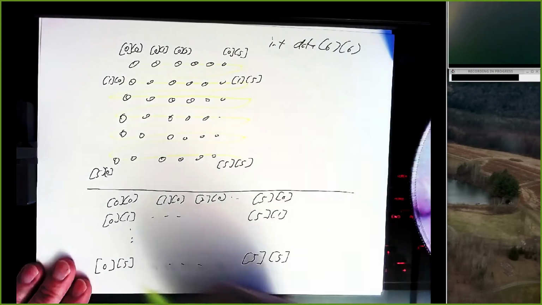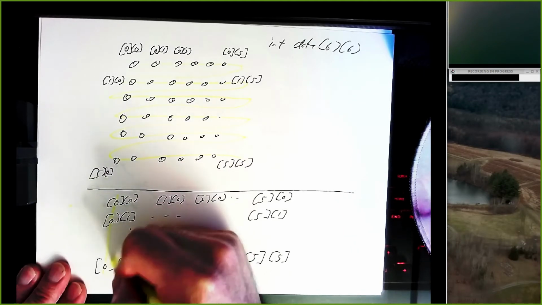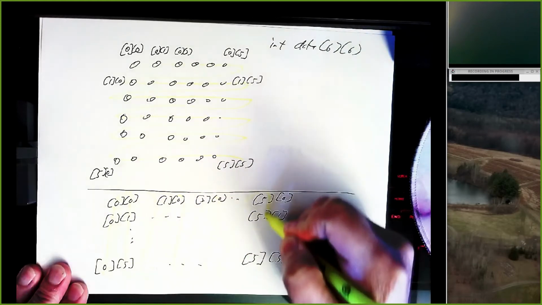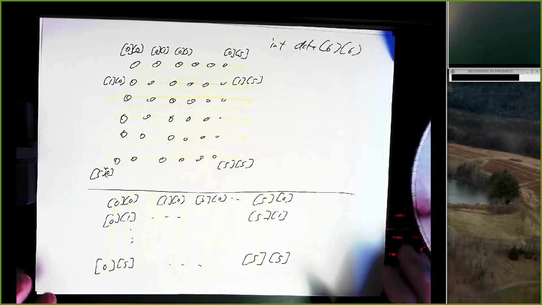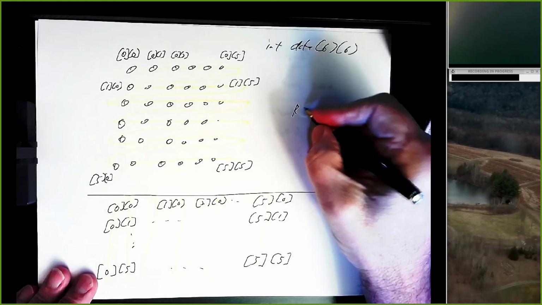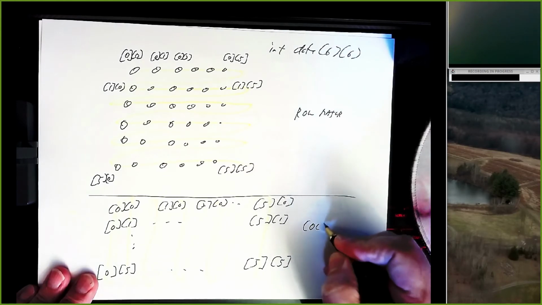Or it could be that the first 6 things in memory are sitting in this column, followed by these 6, and these 6, down to that. And it varies from language to language. So this is called row major. This is called column major.